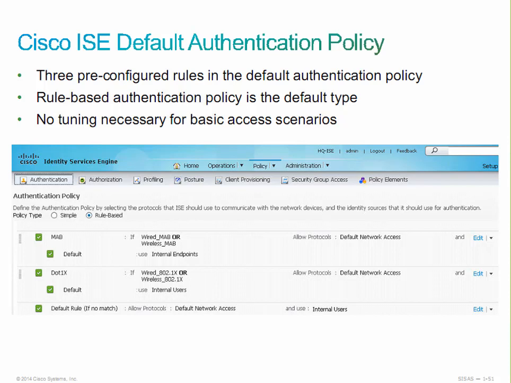There are two types of authentication policies that exist in Cisco ISE: simple authentication and rules-based authentication. Simple authentication doesn't use any conditions, and usually it's not something that we're typically going to use within the ISE platform.